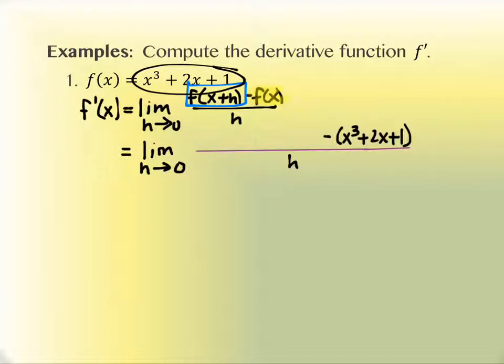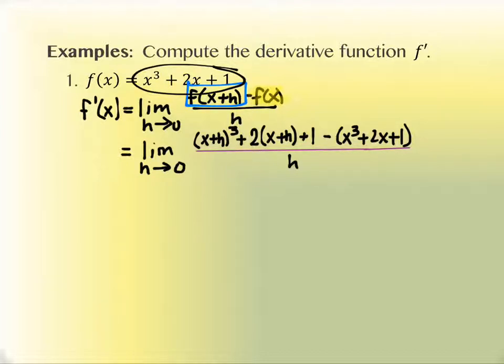And everywhere that function has an x, I'm going to replace that x with x plus h. So that's the first piece, x plus h cubed. The second piece is 2 times x plus h. And then the piece at the end, 1, is just 1. I don't have to do anything for that. So all of that comes from f of x plus h.